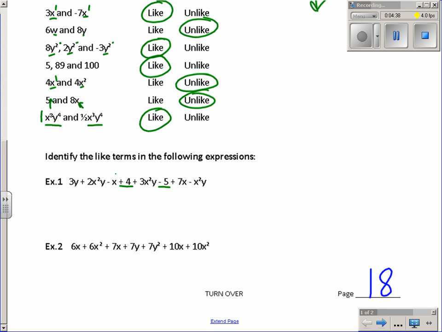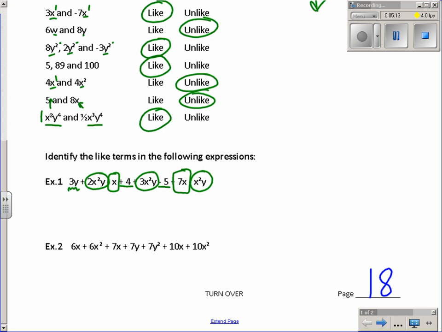So here's an x to the first power, and here is an x to the first power, so I boxed those in. I don't see any others. But I do see 2x squared times y. I see 3x squared times y. I see x squared times y. Even though those have different coefficients, they have the same x squared y. So those would all be considered like terms. And then the only one that's hanging out by itself is that 3y, which has nothing else similar to it.